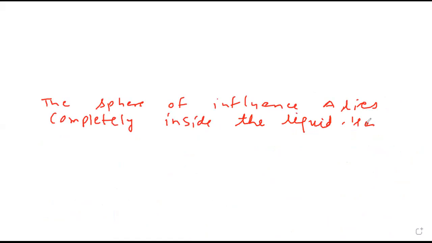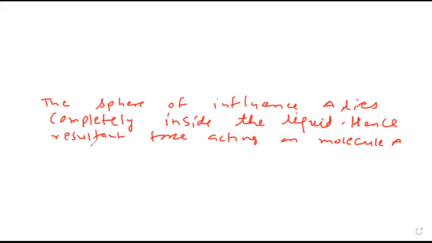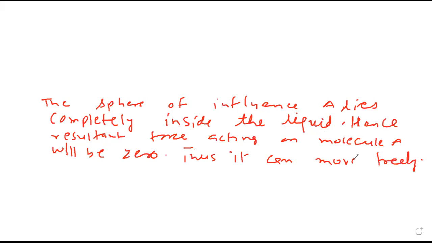Hence, resultant force acting on molecule A will be zero. Thus, it can move freely. That means there is no tension. It can move freely within the liquid. Next paragraph.